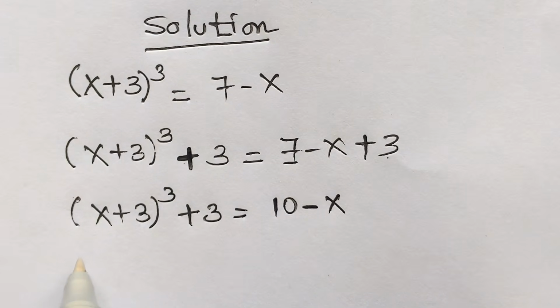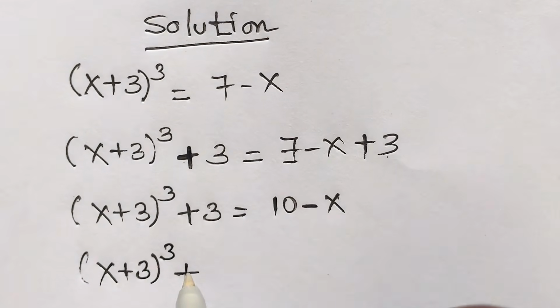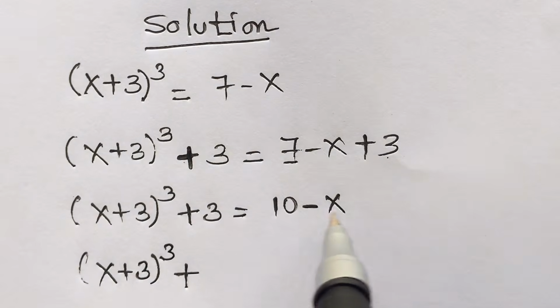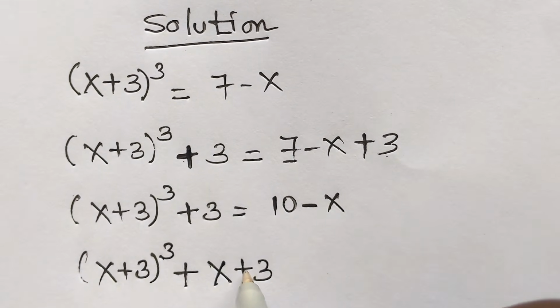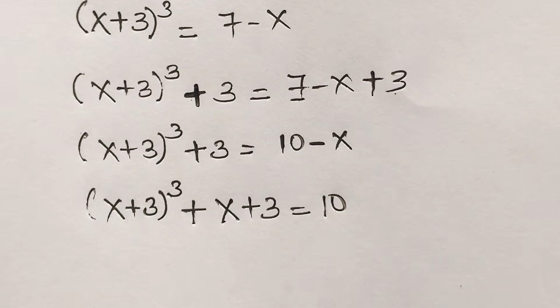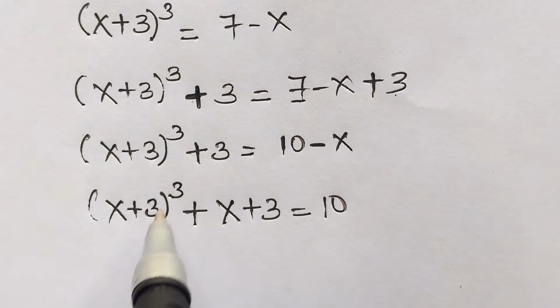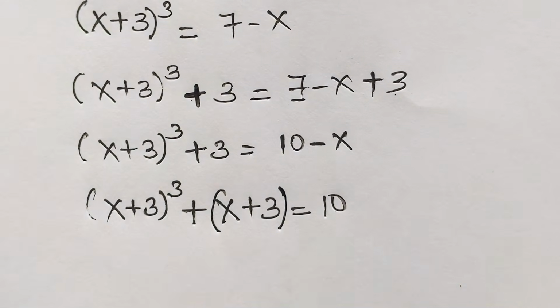At this stage, we shall write x plus 3 power 3, then plus, we are going to change the position of this negative x to get plus x plus 3, which equals to 10. Then here we have x plus 3 power 3, and plus x plus 3.